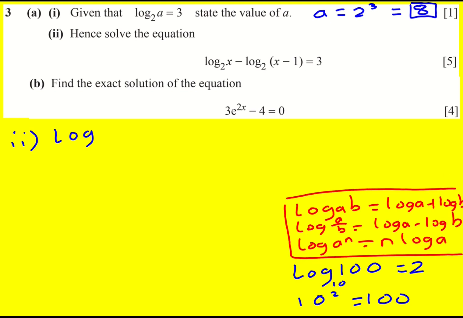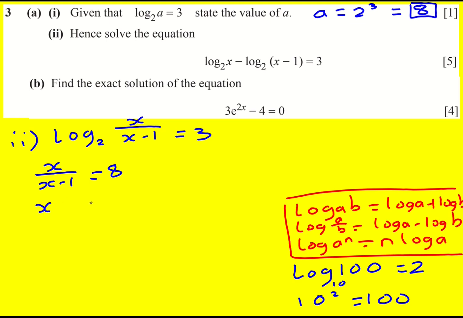So here we have a subtraction. Therefore, it's going to be log to base 2. This is for any base, by the way. It's going to be log to base 2 of x over x minus 1 that equals 3. And that, using part 1, we can now simply say that x over x minus 1 must equal 8, because that's our a here.